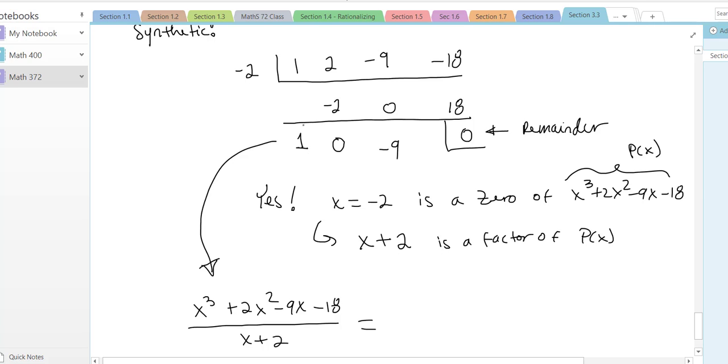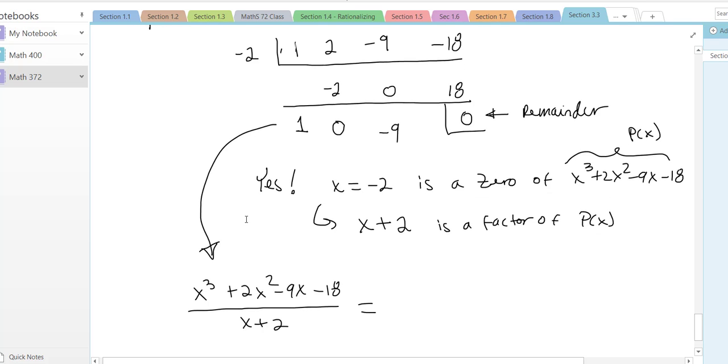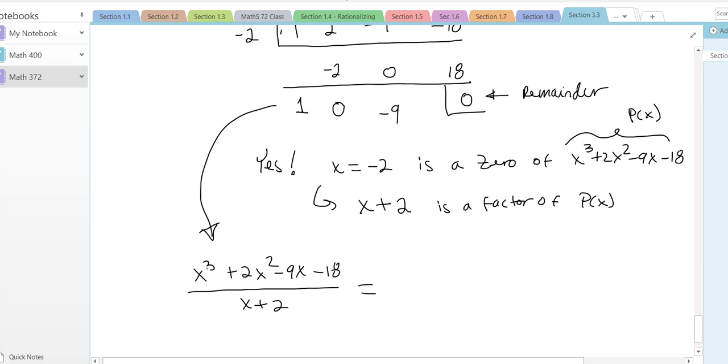Because these were the coefficients up here of x cubed, x squared, x, and the constant term, we divided by a linear term, right? So looking at this, we took an x cubed and we divided by a linear term, x to the first. So we decreased by 1 degree. So our quotient is going to have an x squared, and these are the coefficients of it.